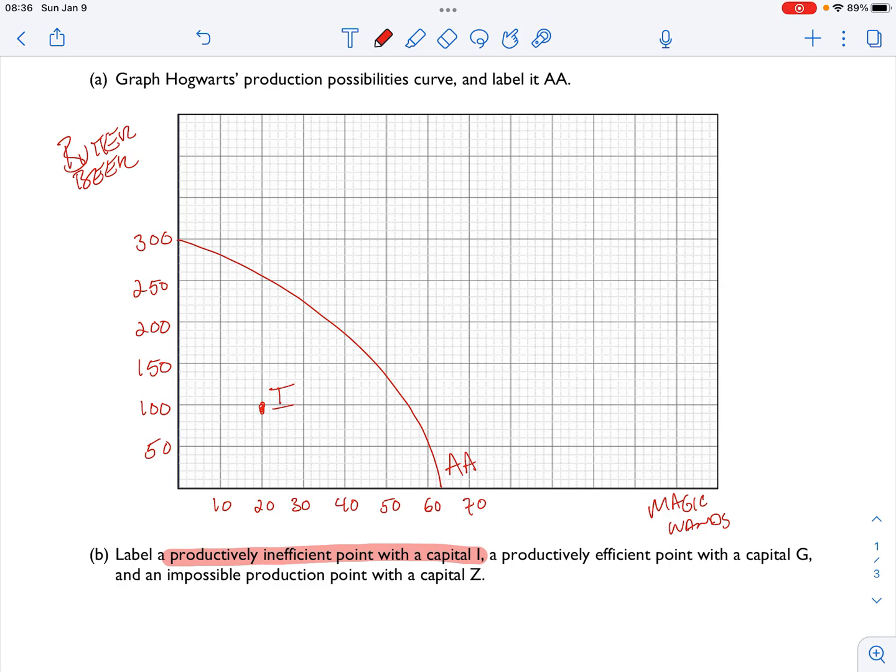So an example of that, just one example of countless, would be 100 Butterbeers and 20 magic wands. Hogwarts could produce both more Butterbeers and magic wands because at point I, at 100 Butterbeers and 20 magic wands, there are resources that they could use to produce additional quantities of Butterbeer or magic wands.